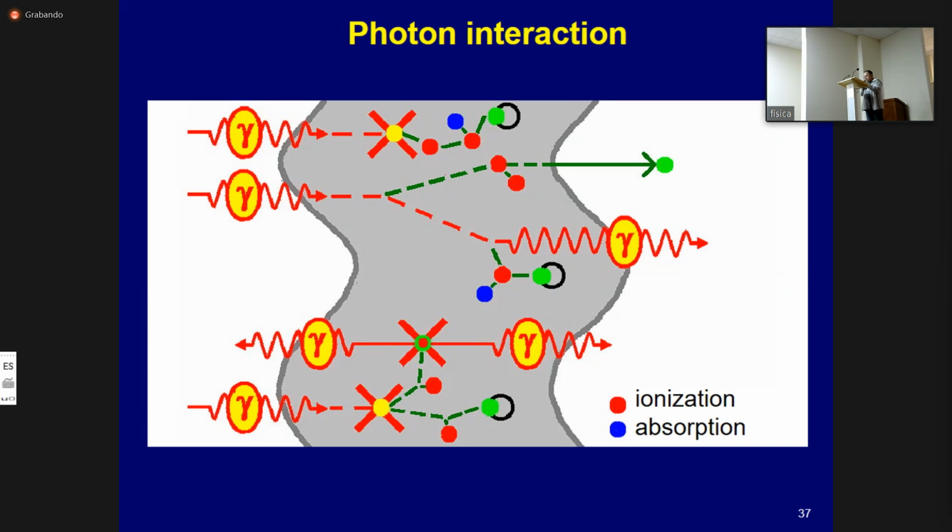Photons themselves act as indirect ionizing radiation. So we can mention here three main effects of interaction of gamma quanta with matter: Compton effect, photoelectric effect, and the effect of electron-positron pair production.